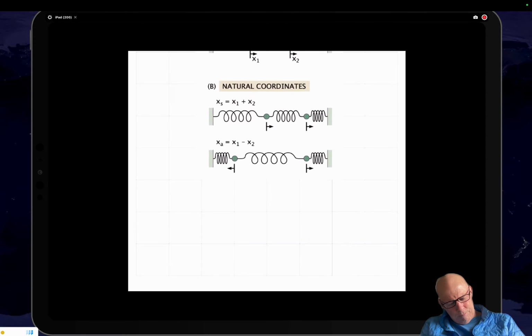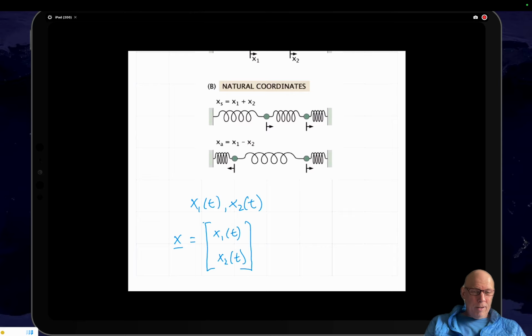I'm interested in x1 of t and x2 of t, and I will find it very convenient to define a position vector or coordinate vector x, which is equal to x1 of t and x2 of t. And if I had three masses, it would be a three-dimensional vector. If I had four masses, it would be a four-dimensional vector, a column like that I've written here.